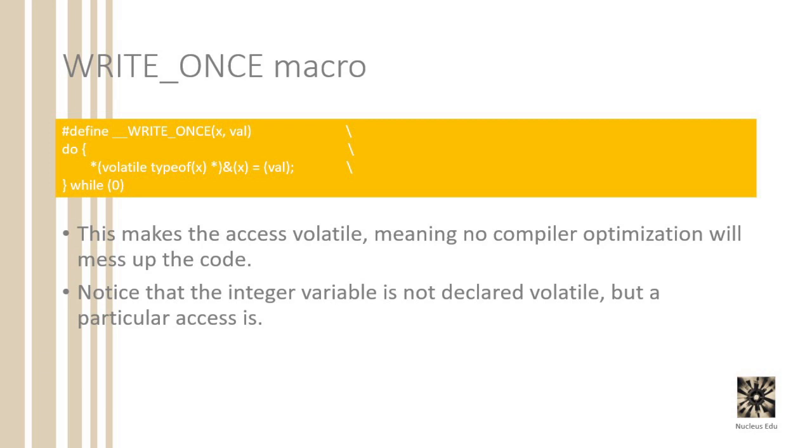Making a variable itself volatile, just like some programming languages, does not make sense in most scenarios. And for Linux kernel code, what they usually encourage is to make accesses volatile where you think that kind of implementation is needed. There are some articles and discussions in LWN about this. I'll try to link them in the video description.